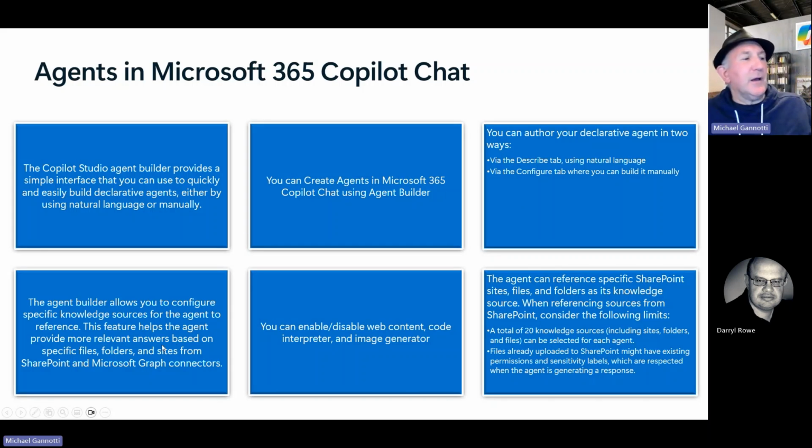We allow you to configure specific knowledge sources, and this is where it gets pretty cool. So you can call SharePoint libraries, one or more that you want to include as a part of this, but we can also leverage the power of the Microsoft 365 Graph connectors.